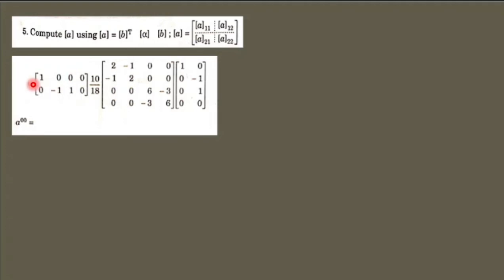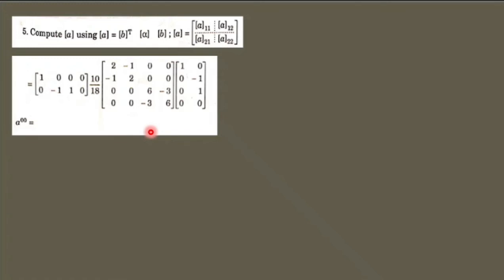Okay, next row into column. 1 into 0 will be 0 and rest of the things will be 0 here. Finally, you have 1 into 0 and rest of the things will be 0. So what values will you be getting? 2 minus 1 0 0, which will be your first row.